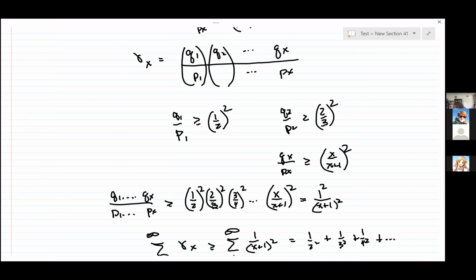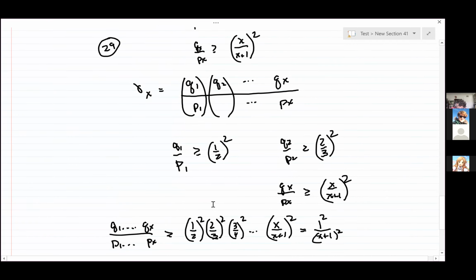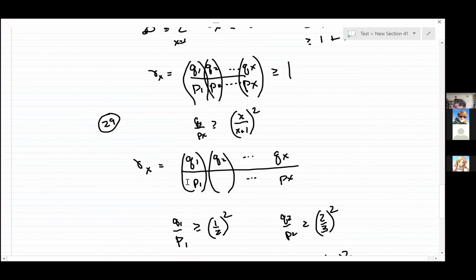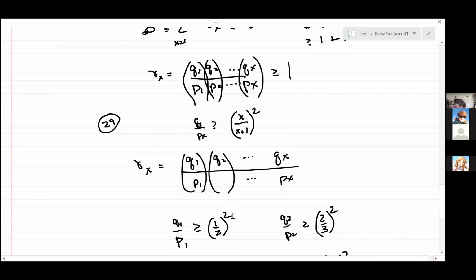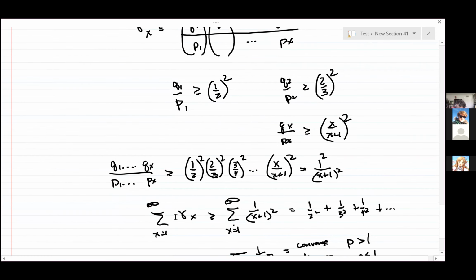Oh, they're not even greater than or equal, they're equal. Okay, so if they're equal, even easier, my bad. Wherever I had greater than or equal, just replace it by equal. So the sum of this is the sum of that, and this series converges.